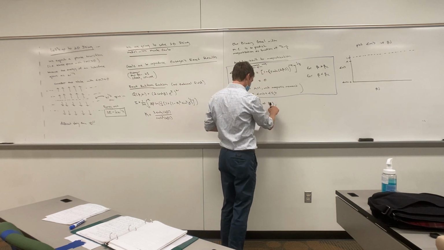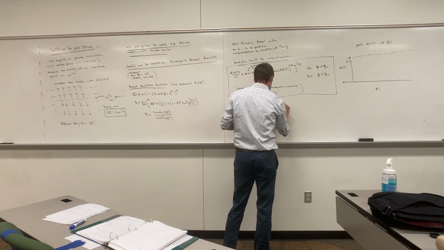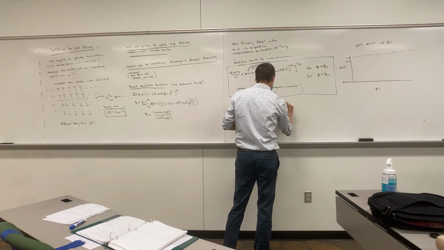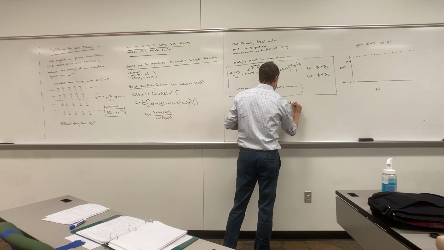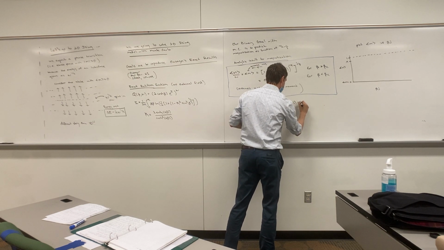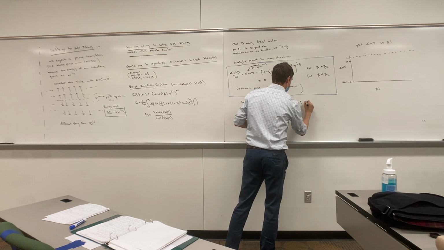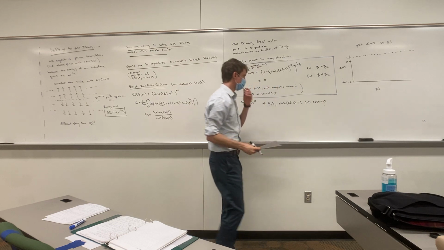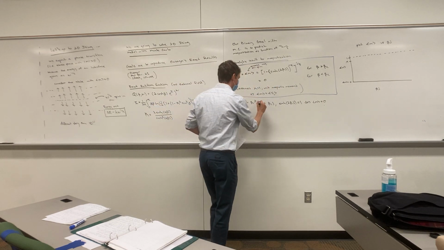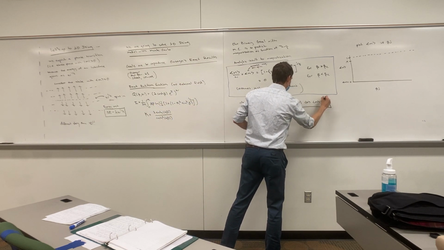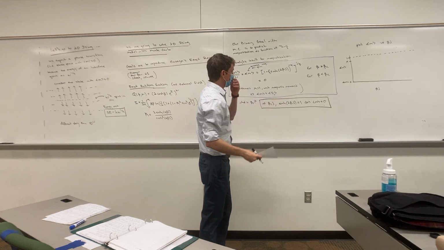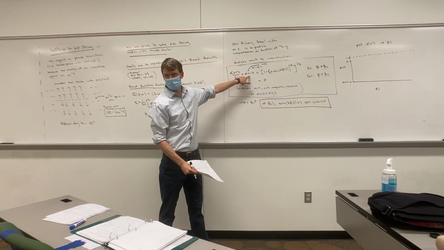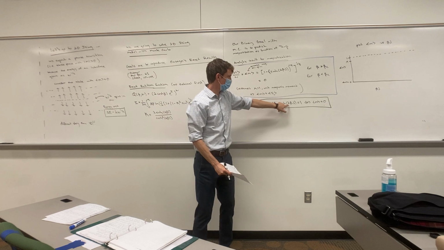So at beta Cj, the hyperbolic sine of 2 beta Cj must equal 1 in order for average m to equal 0. So that's the key point.